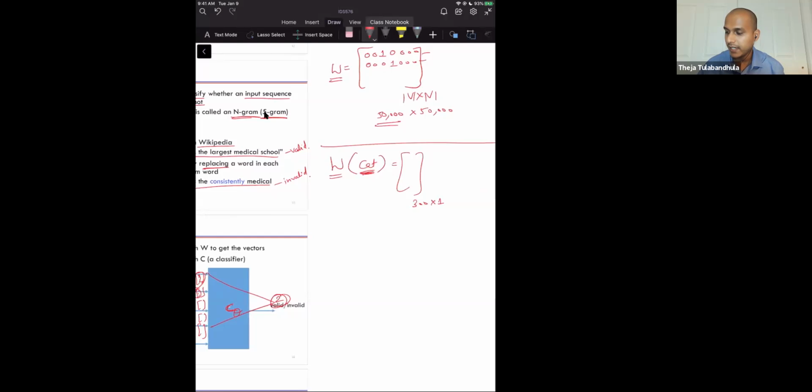So I had 5 words: word 1, word 2, word 3, word 4, and word 5. I would say this sequence is a valid sequence if it came from a valid sentence, let's say in Wikipedia. And if the sequence was not one of these valid sequences of words, then I would just call it invalid. So this was the label.